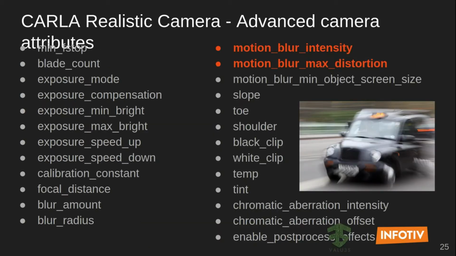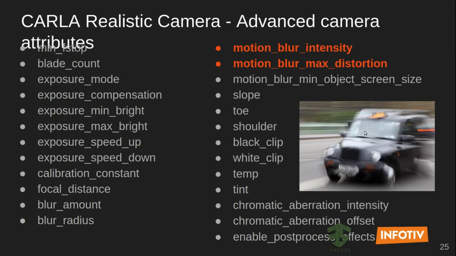And again, something that you should also consider in simulation is that when you take a picture of a moving object, it's different from taking a picture of an object that is not moving, which is called motion blur.